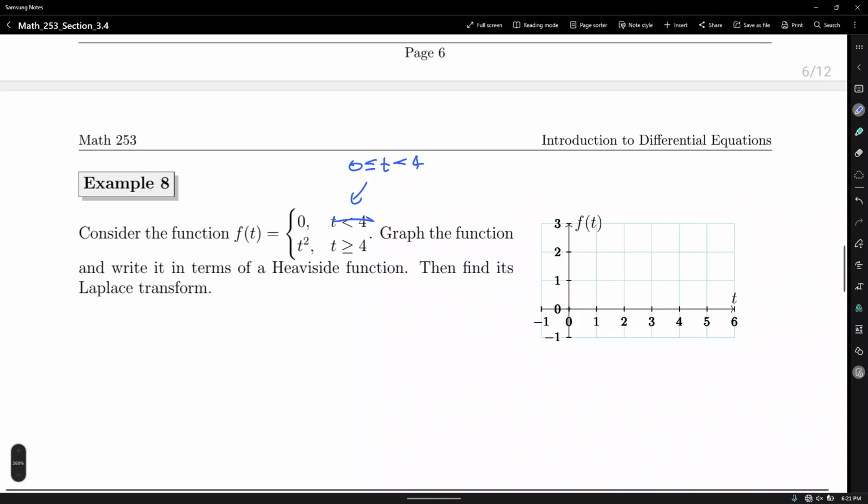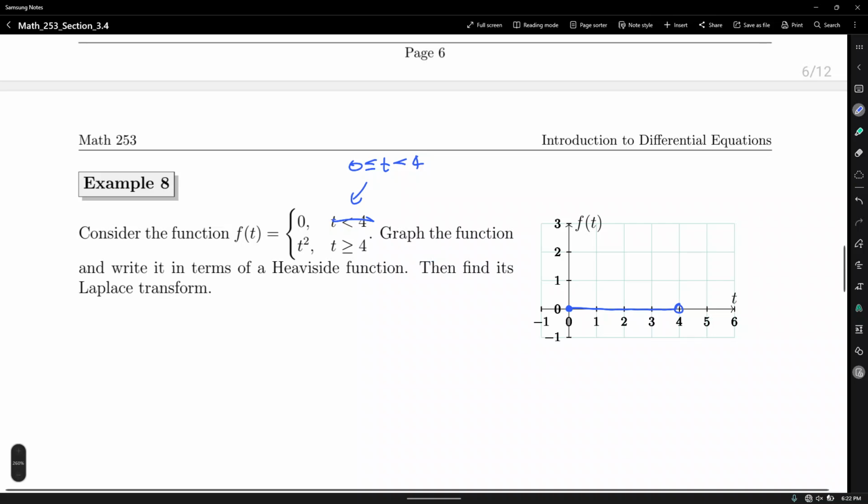So it's going to be a signal or a graph of the function y equals 0, starting at the origin 0, and then we're going to turn it off at 4, all right? And then a new signal is turned on, a signal of the form t squared. But guys, what's the value of t squared at t equals 4?